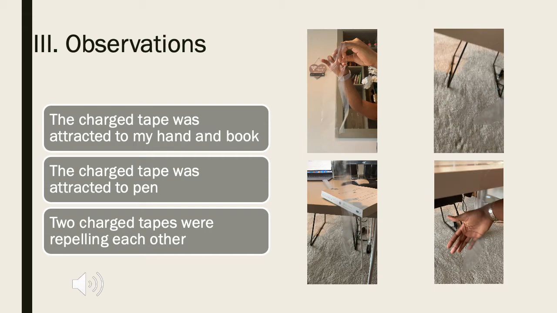As shown in the previous experiment, we observed that the charged tape was attracted to my hand and book. The charged tape was also attracted to a pen, and two charged tapes were repelling each other when brought next to each other.